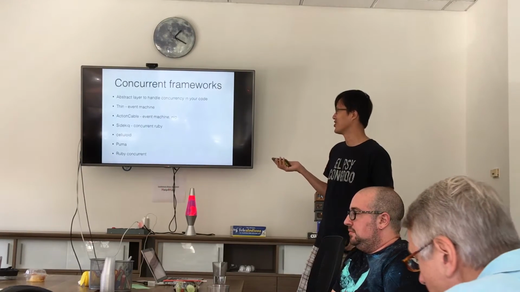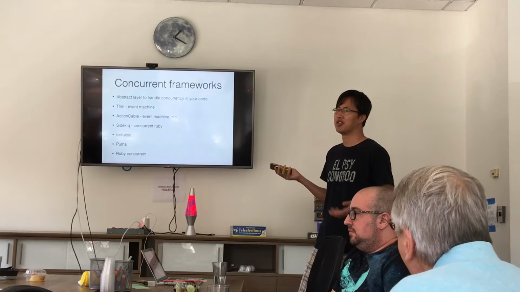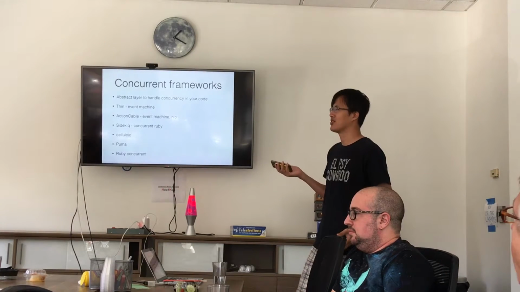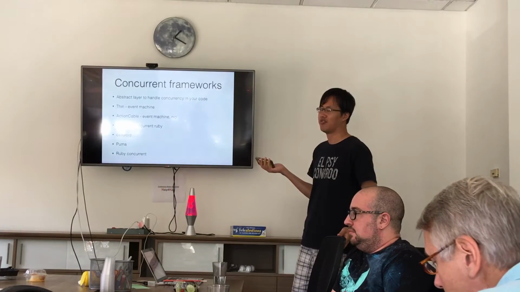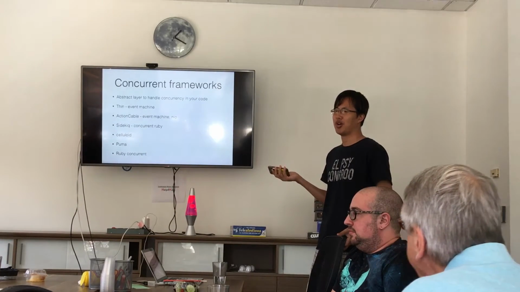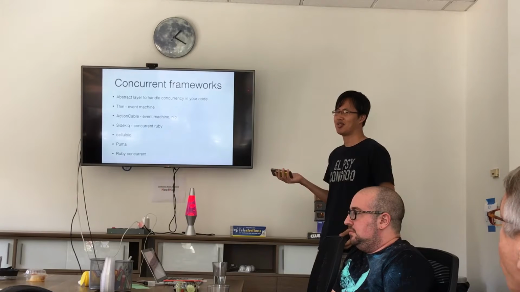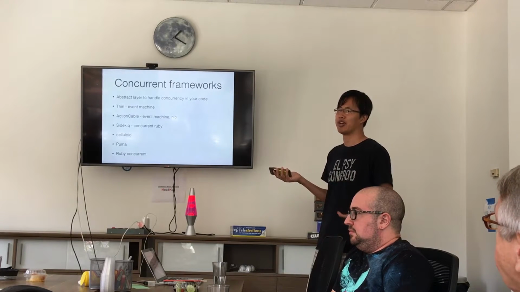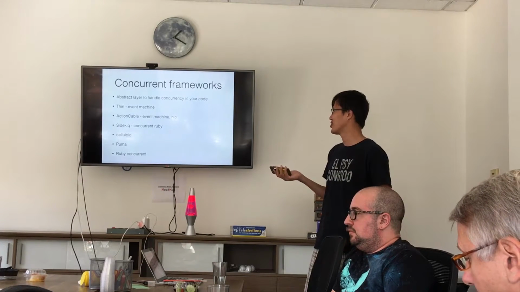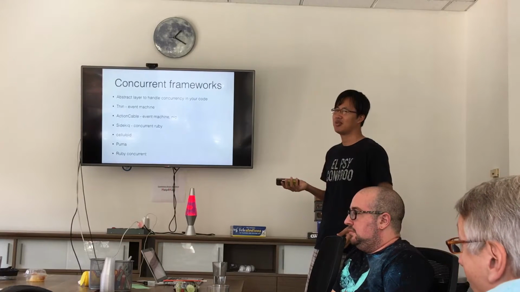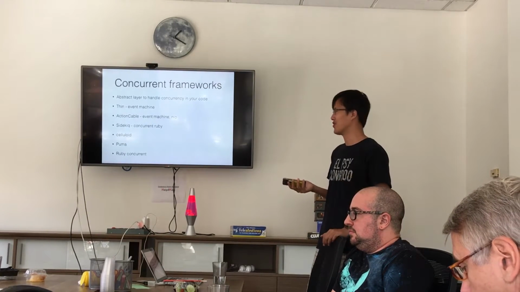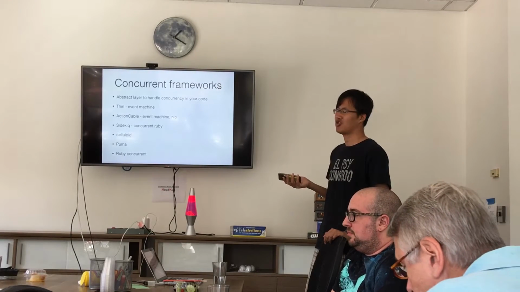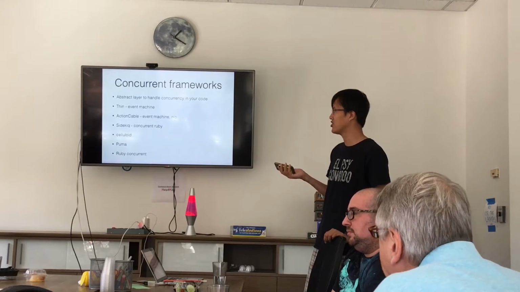There's EventMachine, which is running an event loop. There's Thin server running EventMachine, and I think Action Cable is using EventMachine. Another thing is the new IO, the non-blocking IO, which is also event based. And Sidekiq, which is using the concurrent Ruby chain. Basically, Sidekiq implements the threads by itself, but it uses some data structures from the concurrent Ruby package.